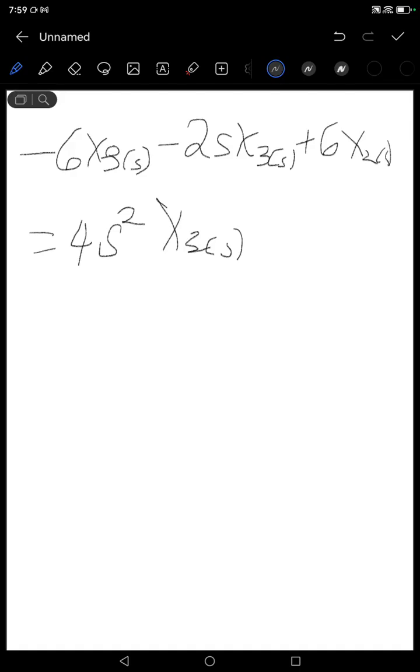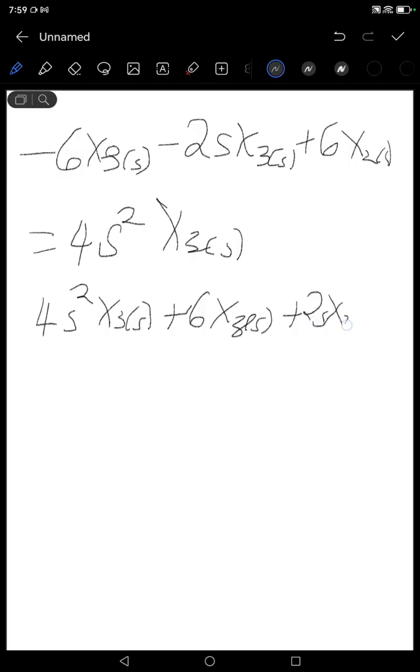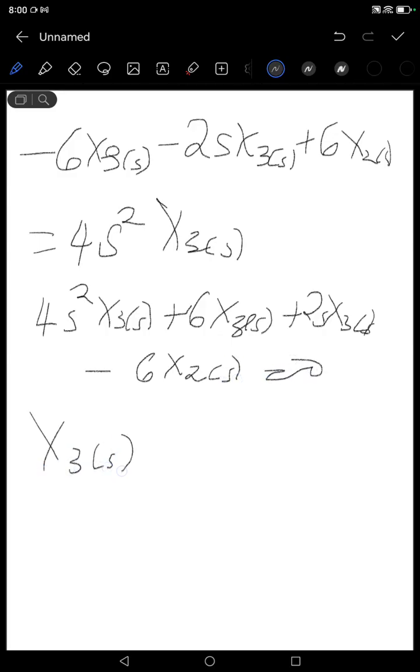So we take this other thing to the right, and then we take out the common factor. So we're going to have X3(s) times (4s squared plus 2s plus 6) minus 6 X2(s) equals 0.